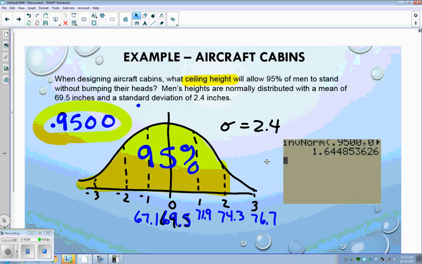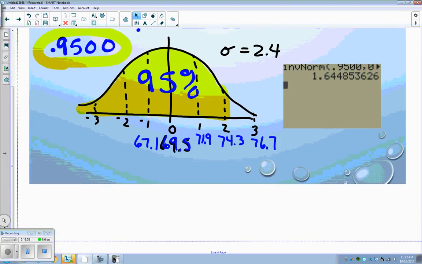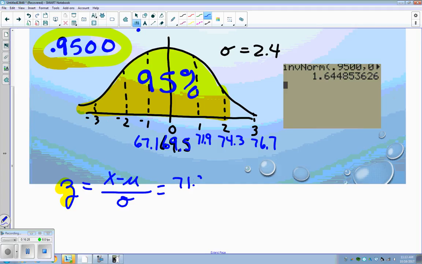And if you plug these in to this formula, z is equal to x minus mu divided by the standard deviation. If you put in 71.9 minus mu of 69.5 and divide that by 2.4, guess what you're going to get?